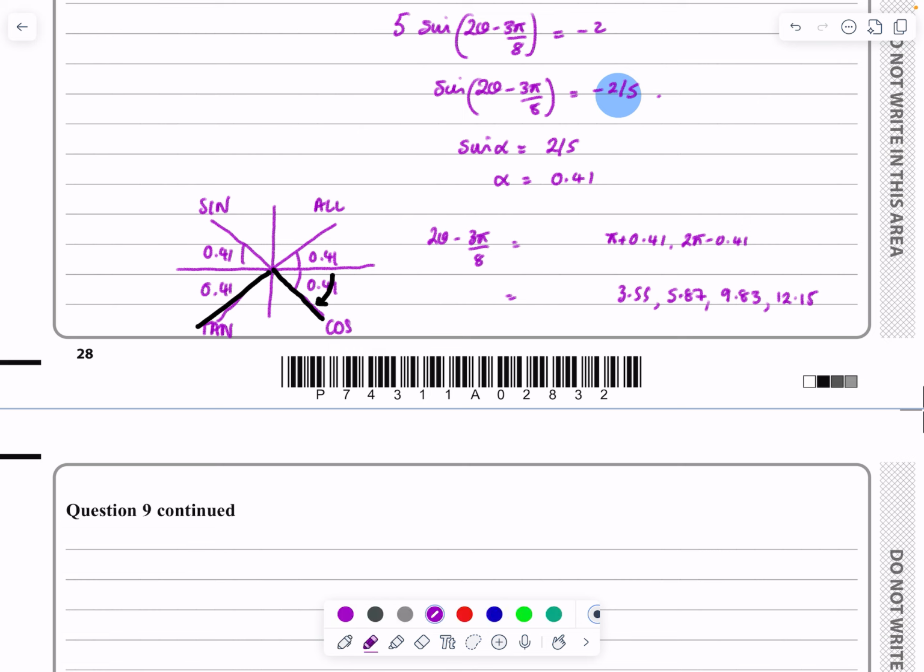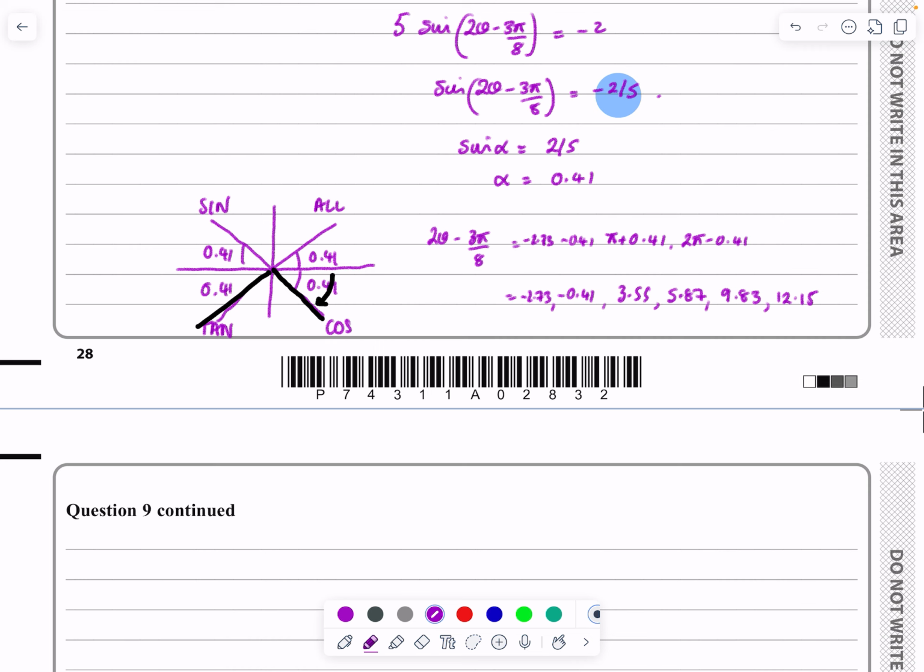So we could have had minus 0.41 up there, and we could have also had that angle all the way around there, which is pi minus 0.41, and then the negative value of that, which works out to be minus 2.73.